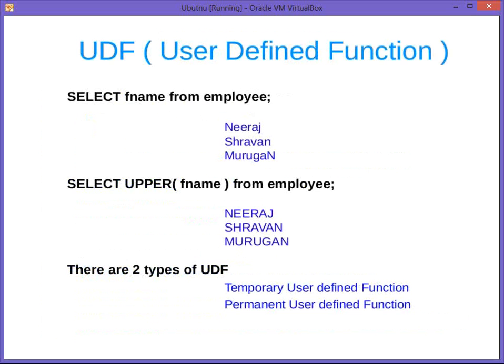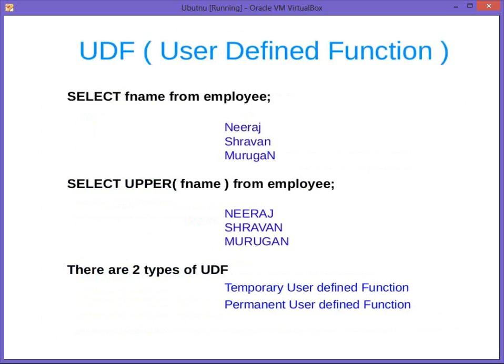Just for example, I am doing select first name from employee and it is giving me the output Neeraj, Shravan, Murugan. But somehow I want to convert these names into uppercase. I can do that with the help of an existing inbuilt Hive function, that is upper. So select upper first name from employee.